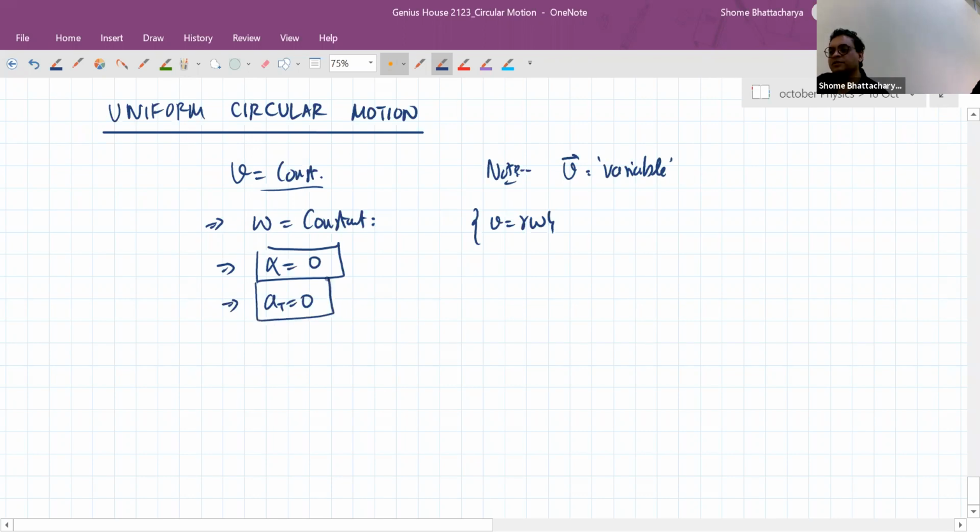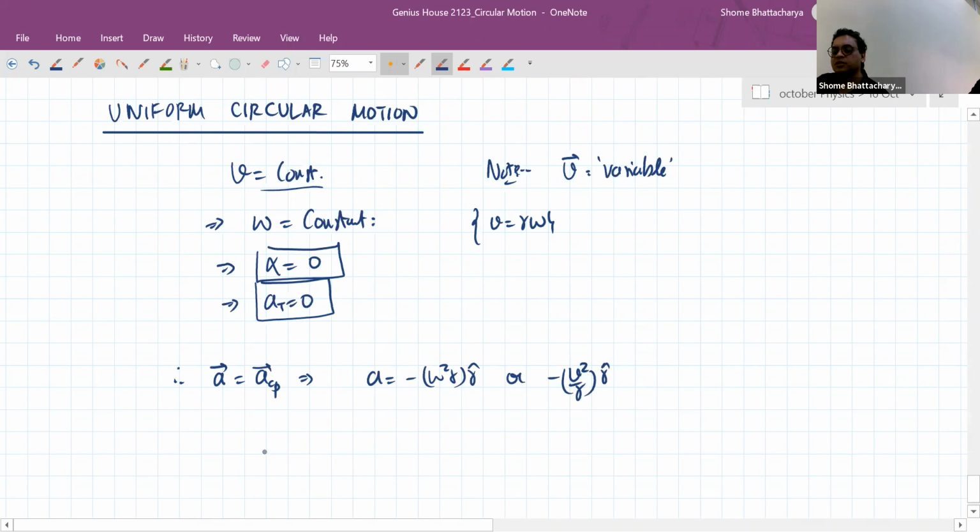So another way of describing uniform circular motion is it's circular motion with 0 angular acceleration and 0 tangential acceleration. And you can see that therefore the acceleration in uniform circular motion just becomes the centripetal acceleration. So that acceleration becomes minus omega square r cap, or minus v square by r cap.